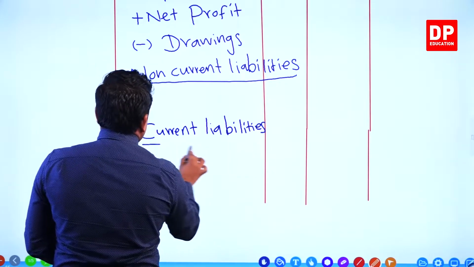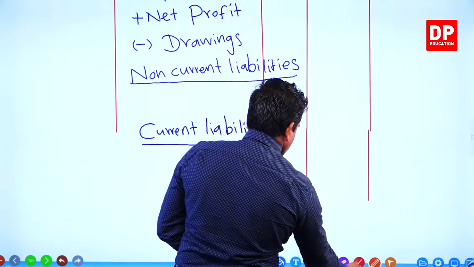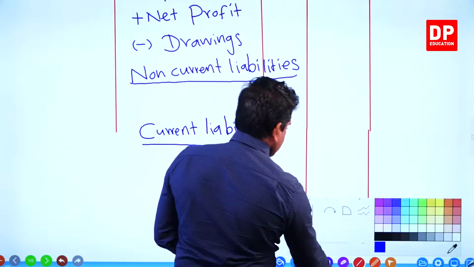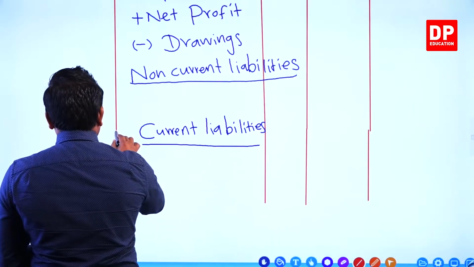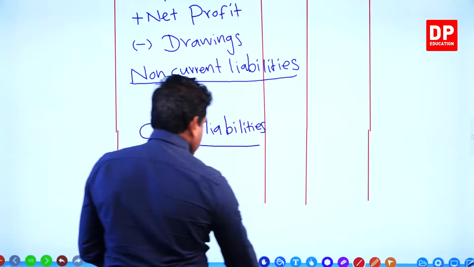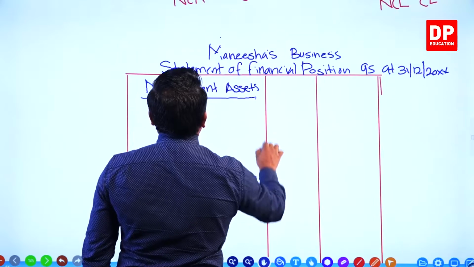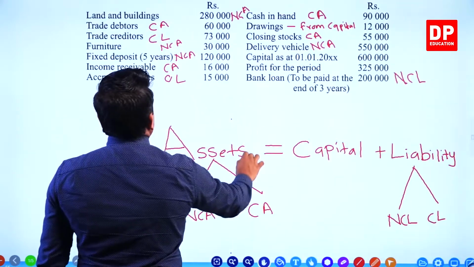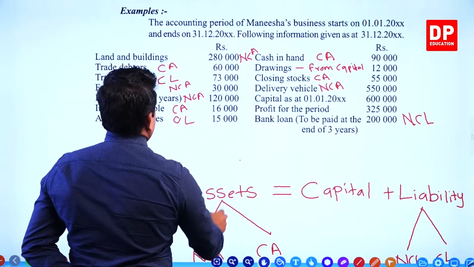Okay. After classifying each item, we can enter the details given. Then you go to the question. The question is given on the top, right? Now, one by one we pick each detail and put it in the relevant place. Land and building 280,000, trade debtors 60,000.